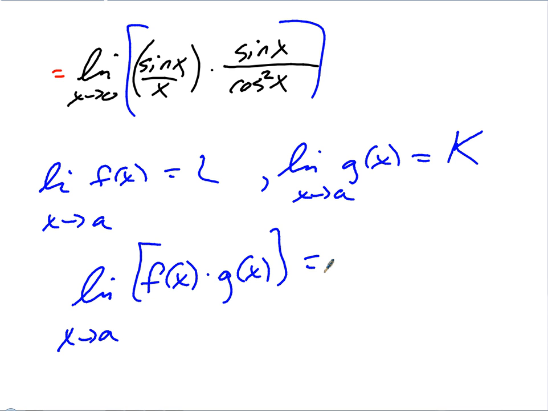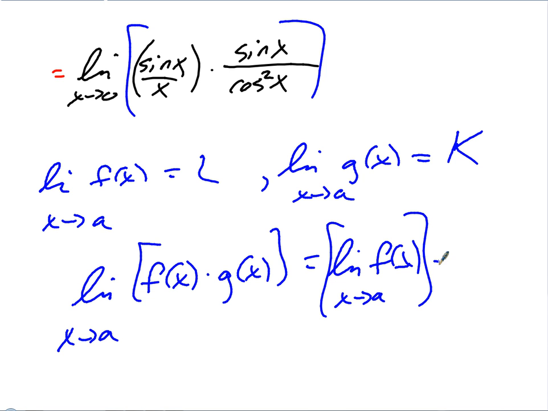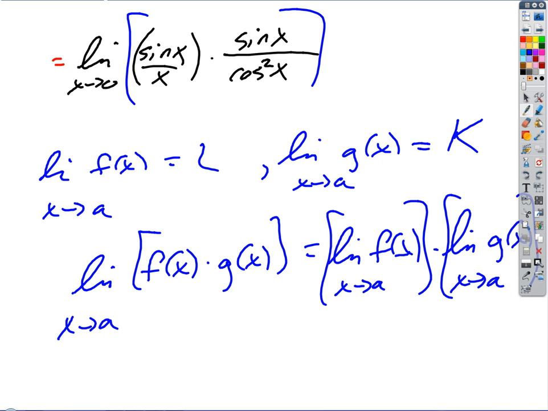We can split this up, in other words. We can break this up into two separate limits. The limit of f of x as x approaches a times the limit of g of x as x approaches a, which just gives us L times K. So we know that's always true, right?